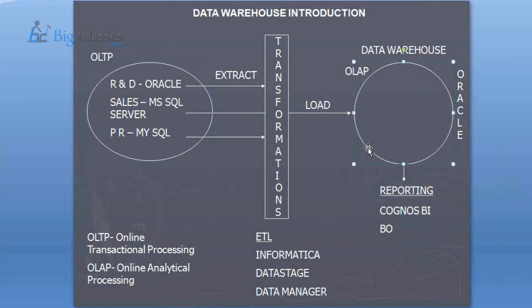If you get data from the warehouse, you can get history. If you get it from OLTP, you get transactional data, not the history. Like that, Cognos BI is basically a reporting tool.